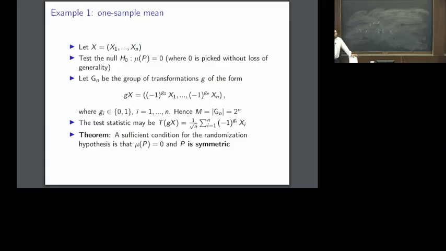You can take absolute values if I want to reject with a one-sided test. And then how do I build the null distribution? For any G, instead of thinking of it as a matrix, I think of it as any choice of vector of zeros and ones. Depending on whether I have a 1 or a 0 in the ith entry, I flip or I don't flip the sign.